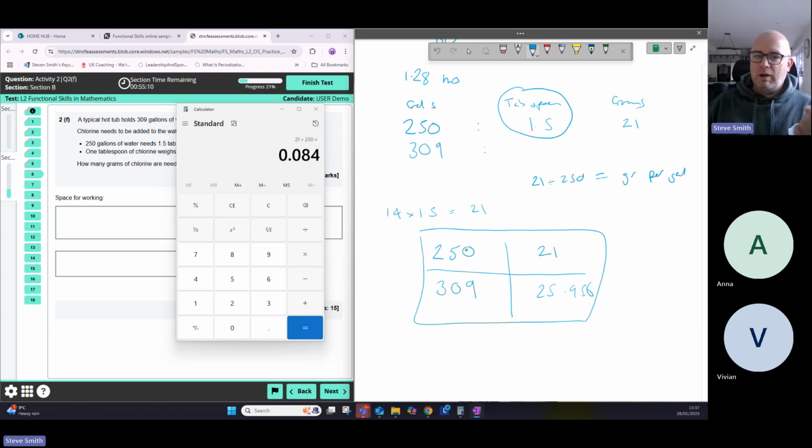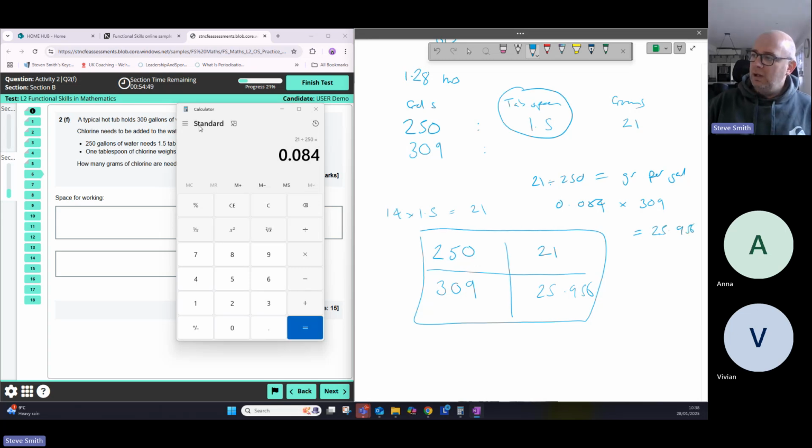Okay, so now we've got the grams per gallon, which was 0.084. We need to know the amount for 309 gallons, so we simply times our number that we got for 1 gallon by 309, and that gives us 25.956.